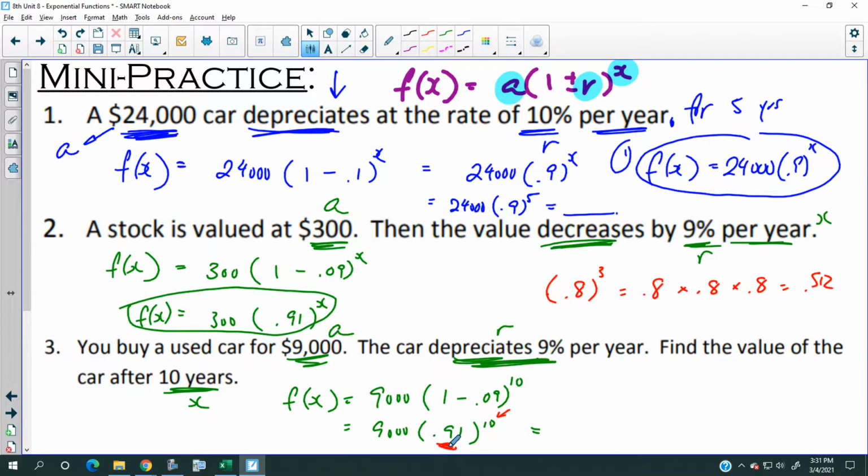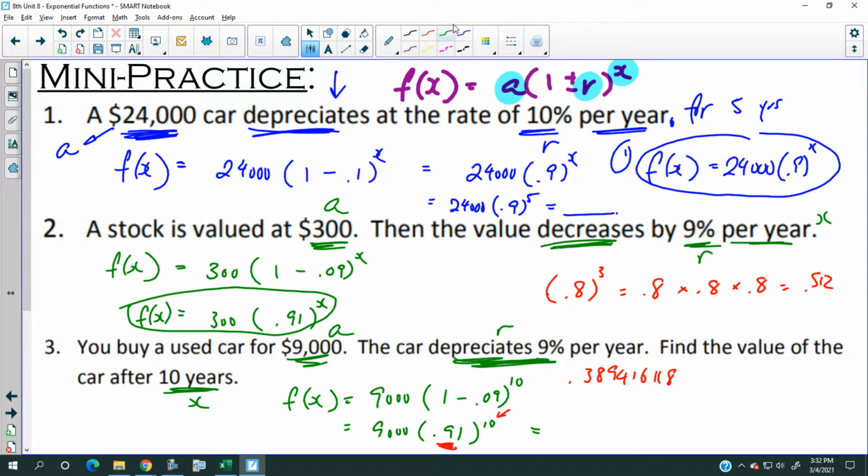So let's take a look. 0.91 to the 10th power. I got some huge number. Let me write the number out. By the way, I'm also using a TI-34 calculator.